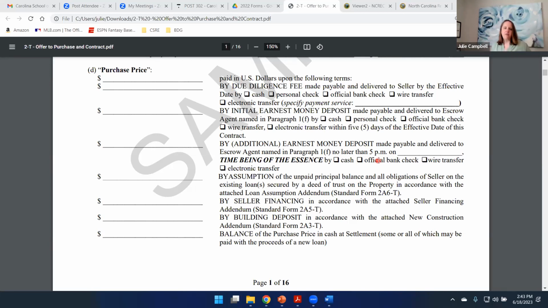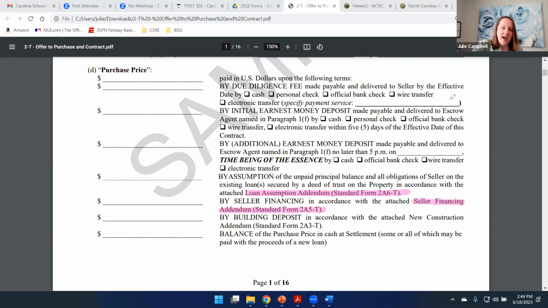Other terms we may run into. Here's our assumption. If the buyer's assuming the seller's loan, there may be a deposit. If that's happening, we're instructed to use the loan assumption addendum. We may be dealing with seller financing in which there's going to be a deposit. In seller financing, the seller's acting as the lending institution, so after closing, the buyer is going to be paying the seller directly.